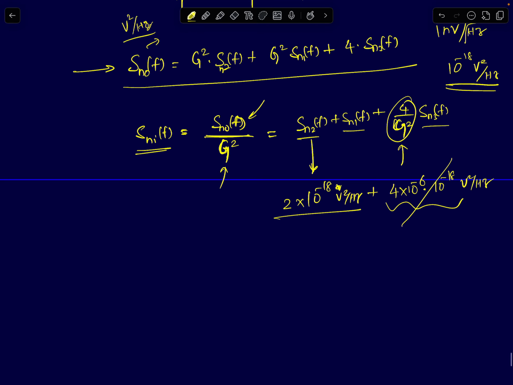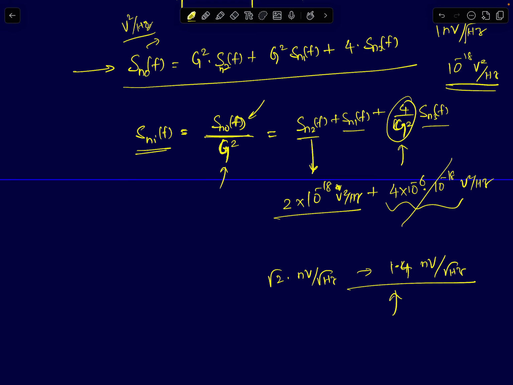Your noise spectral density will just be 2. If I want to express it in volt per root hertz units, it will be root 2 nanovolt per root hertz, or approximately 1.414 nanovolt per root hertz. That's the input referred noise due to the 3 op amps.